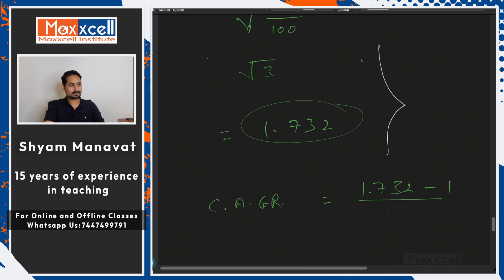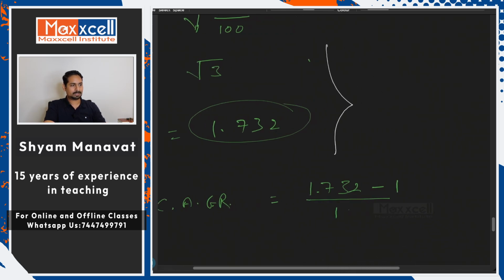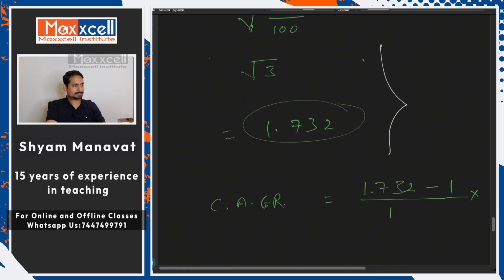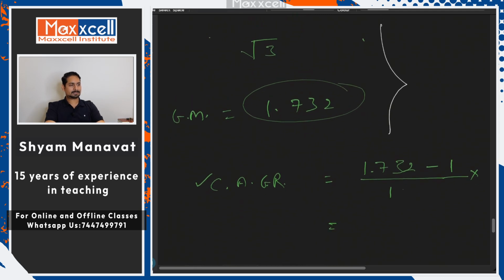You always subtract 1, divide by 1, into 100. Whenever you get the geometric mean, always do this: minus 1, divided by 1, into 100. So what do you get here? You get 73.2%. I hope there is no problem here.